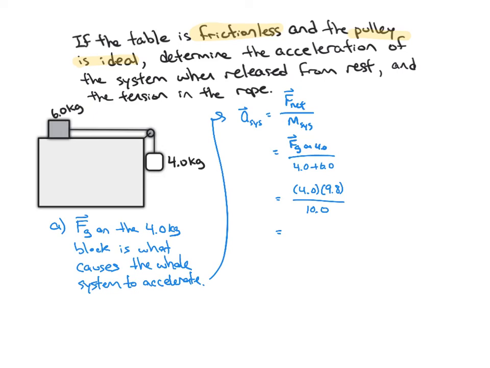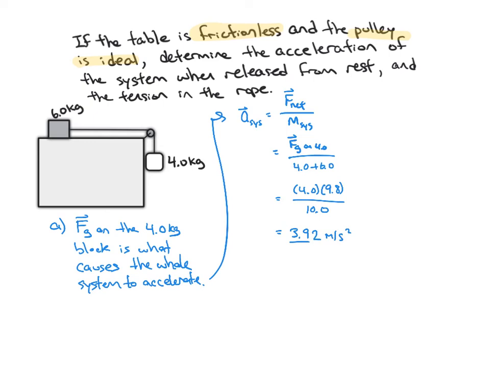I get 3.92. I'm just going to underline two significant figures. Okay, now in terms of the direction here, there's two directions. The 4 kilogram block goes down, whereas the 6 kilogram block goes to the right. So I'm not really going to write all that detail out.